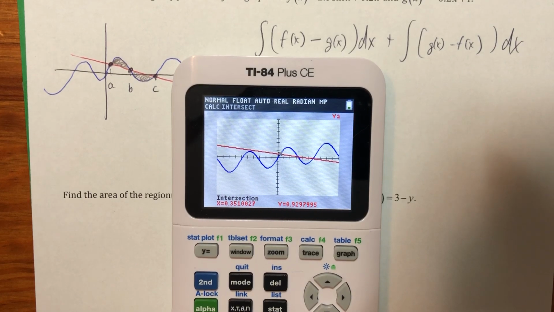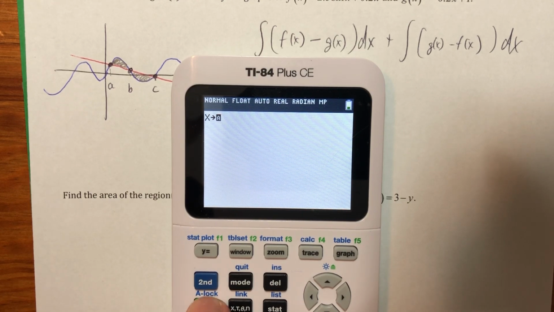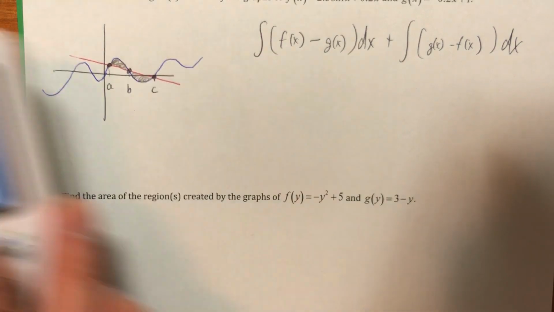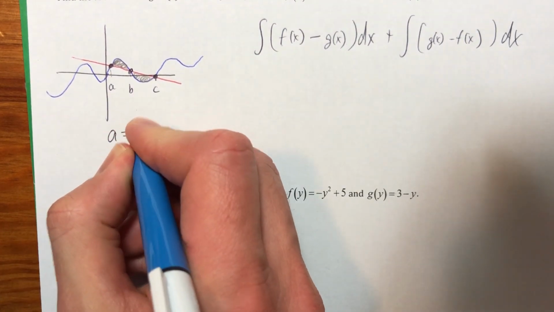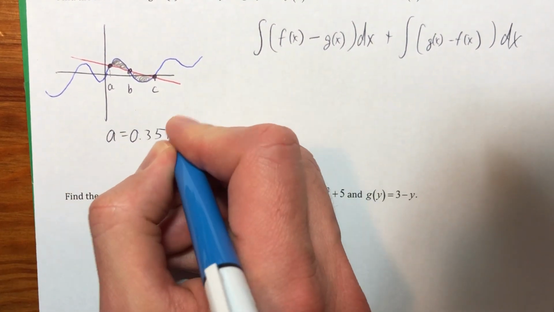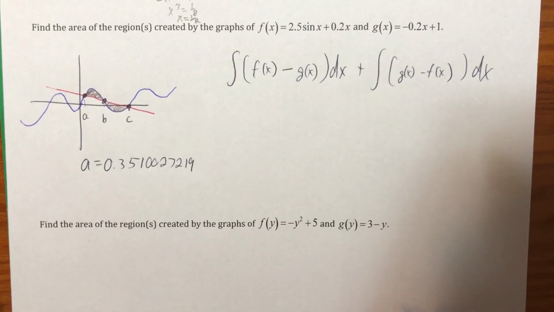I want it to be as exact as I can make it, so I'm going to press quit, and then X stores as A. That's it. I'm going to write it down in all its decimal glory. So A equals 0.35100272219.